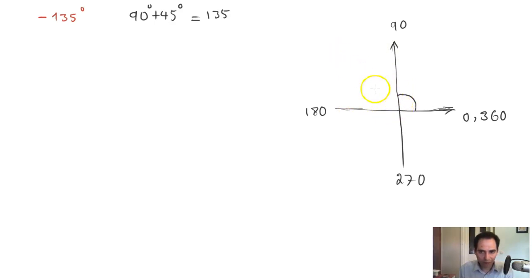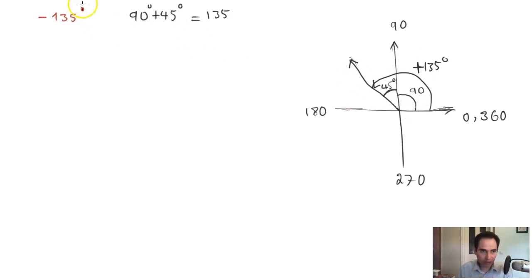And so half of the way would be 45 degrees. So if I stop here, this angle over here is 45 degrees, and this is 90 degrees. So 90 plus 45 is 135 degrees. So this is another way to visualize it. And of course this is positive 135 degrees.